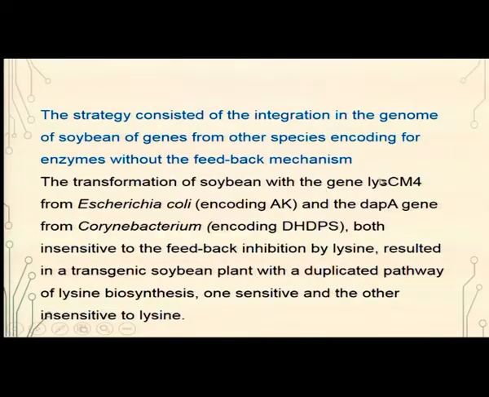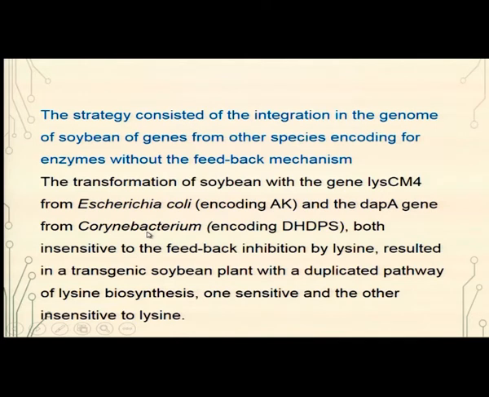The transformation of soybean was done with the gene lysC M4, which was taken from Escherichia coli, and the dapA gene from Corynebacterium encoding what we call DHDPS. Both are insensitive to feedback inhibition by lysine. So normally a threshold level of lysine inhibits the enzymes in the metabolic pathway.